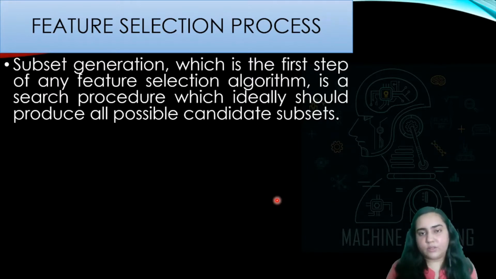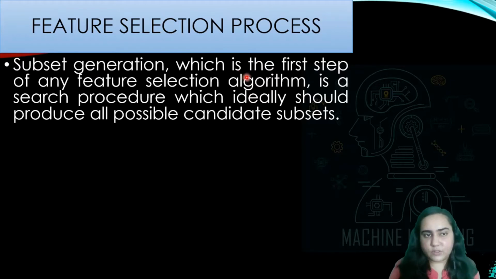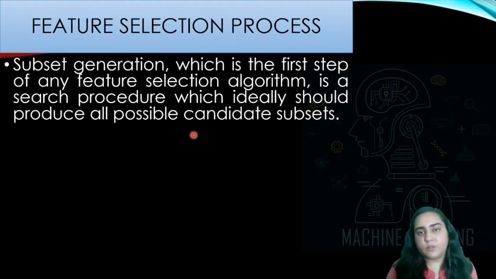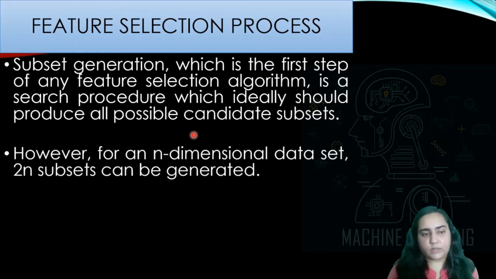Let's take a look at all the steps one by one. So in subset generation, which is our first step, you just have to have a search procedure which should produce all the possible candidate subsets. So this is like just generating all the possible subsets of one given set.